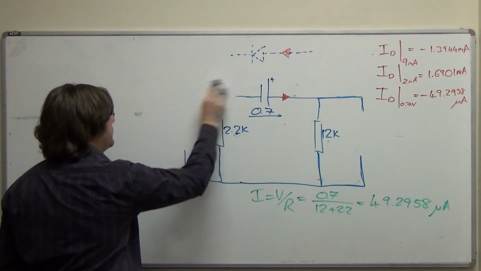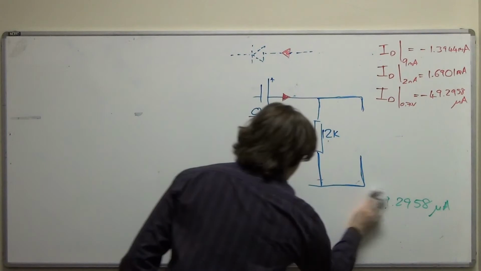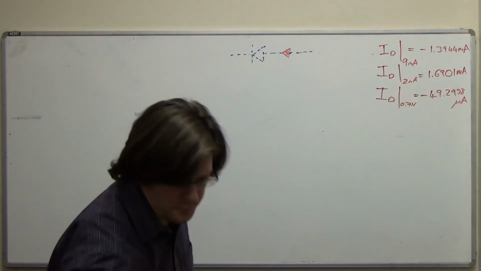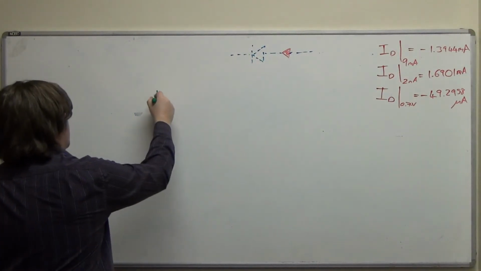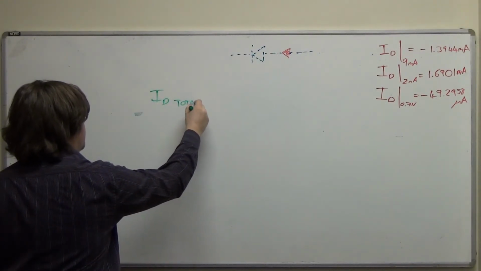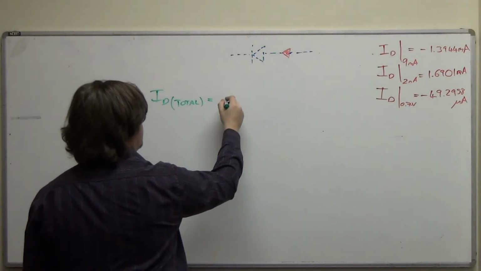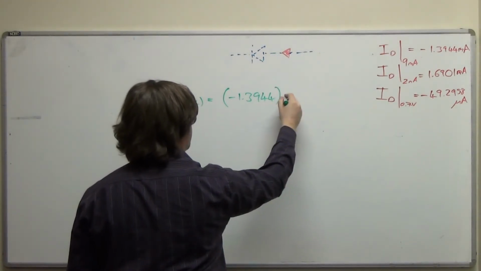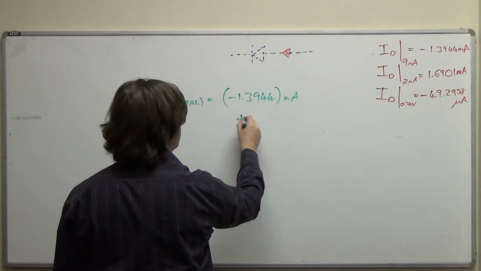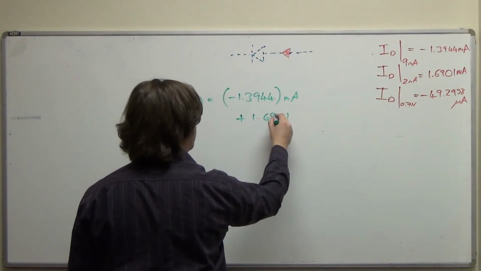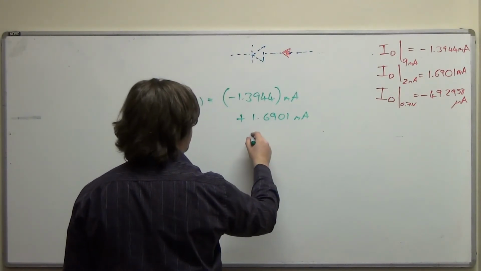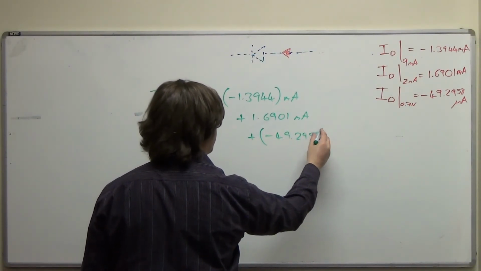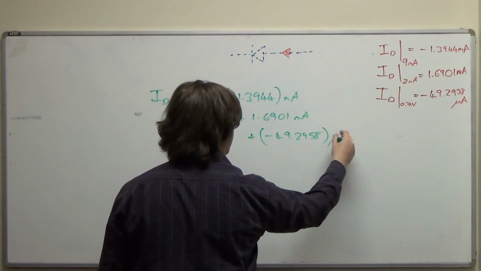So we can get rid of the circuit now. We don't need to see that anymore. And we'll do ID total is brackets minus 1.3944 milliamps plus 1.6901 milliamps plus minus 49.2958 microamps.